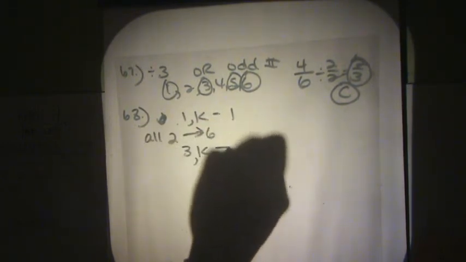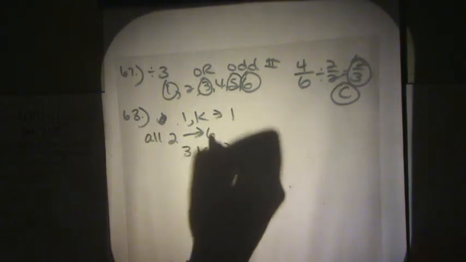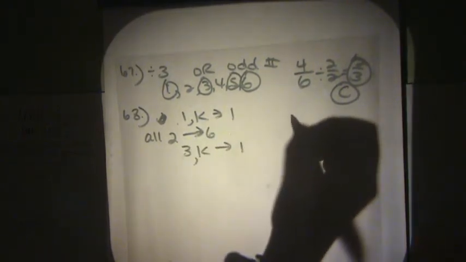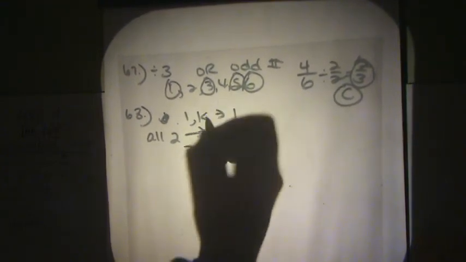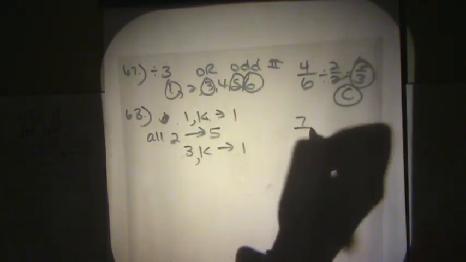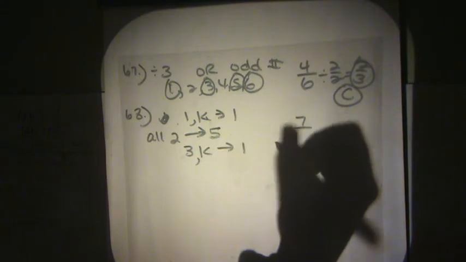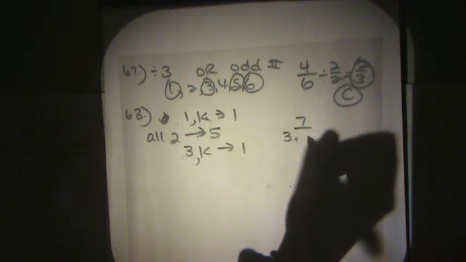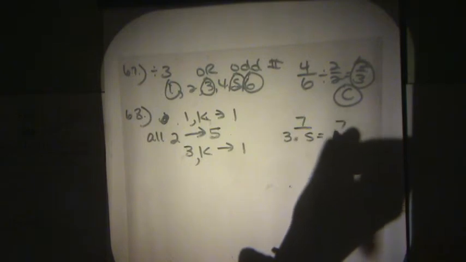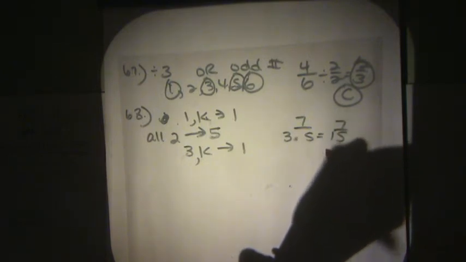There's 6 total. Oh, I should recount. That's not 6, that's 5. Sorry. So 7 out of total choices, which would be 3 times, because there's 3 different numbers. J, K, L, M, N is 5. So 7 out of 15, which is B.